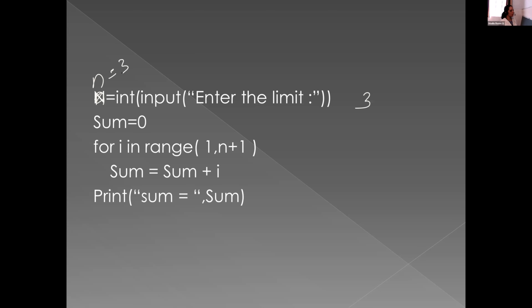Then after that, I am giving variable sum as 0. Sum is a variable used for adding these natural numbers. So before using it, we initialize this variable with a 0 value.